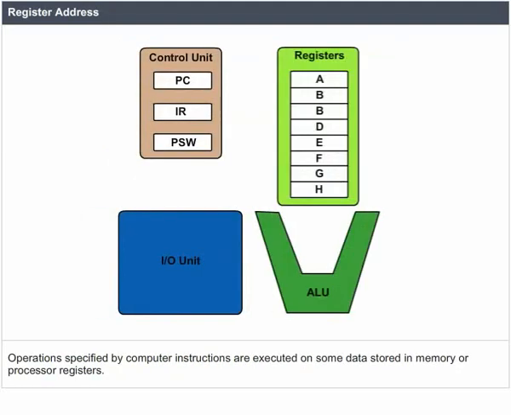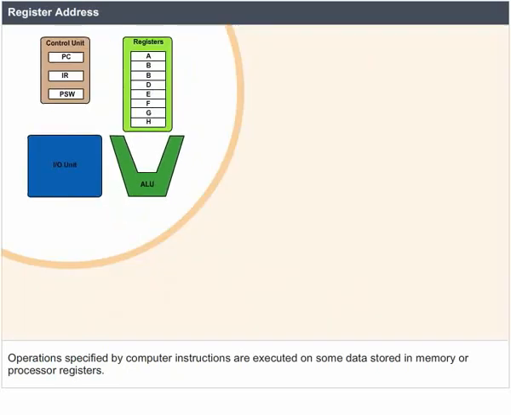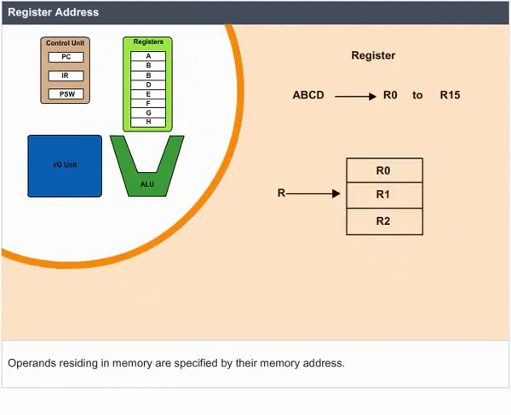Register address. Operations specified by computer instructions are executed on some data stored in memory or processor registers. Operands residing in memory are specified by their memory address. Operands residing in processor registers are specified with a register address.